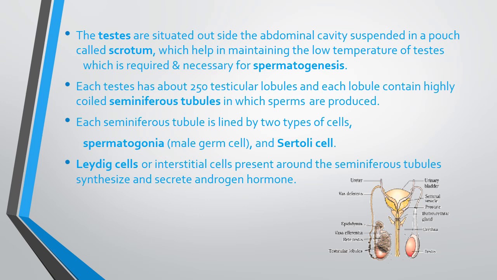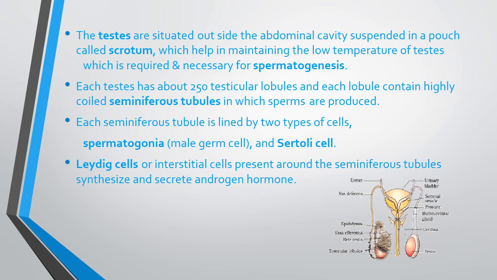Each testis has about 250 testicular lobules, and each lobule contains highly coiled seminiferous tubules in which sperms are produced. Each seminiferous tubule is lined by 2 types of cells: spermatogonia, that is male germ cell, and the Sertoli cell.